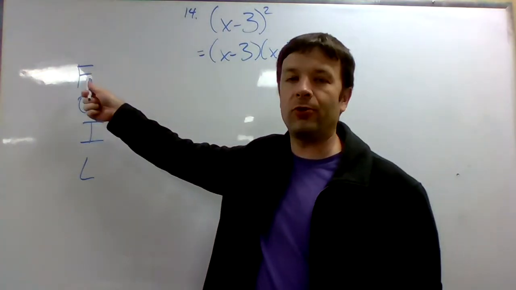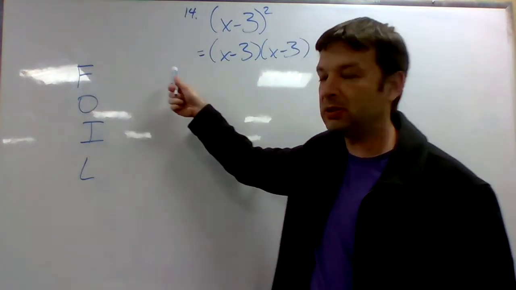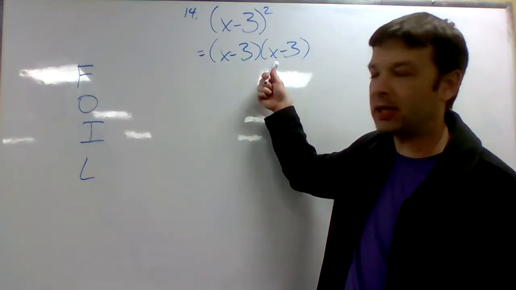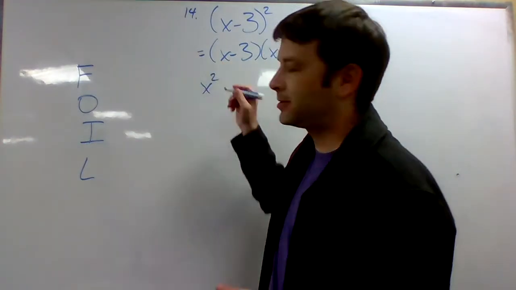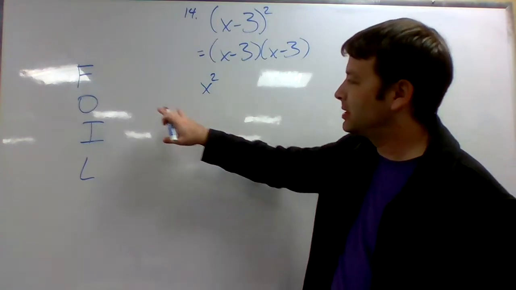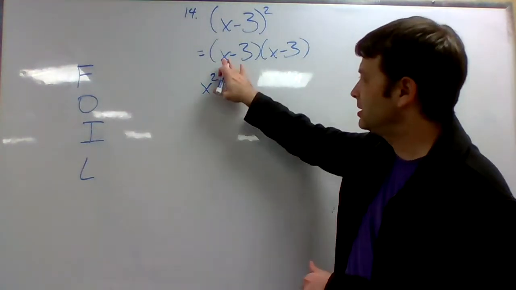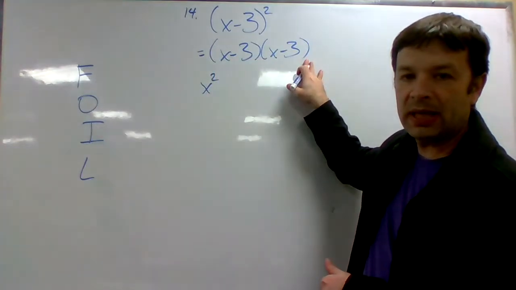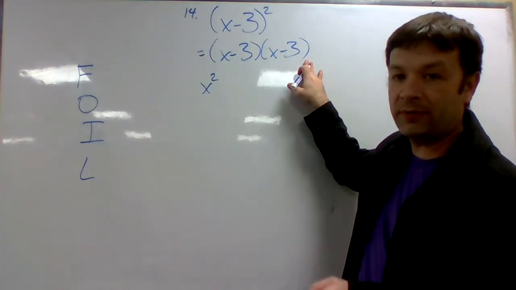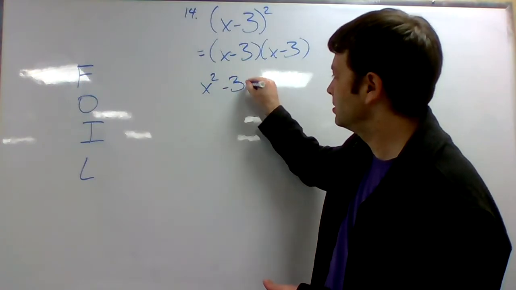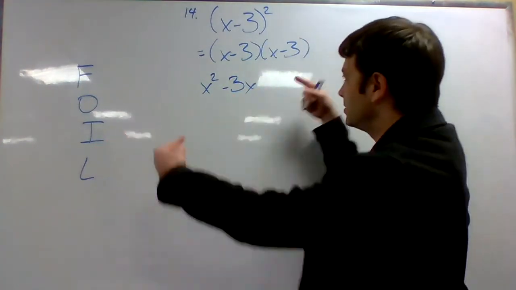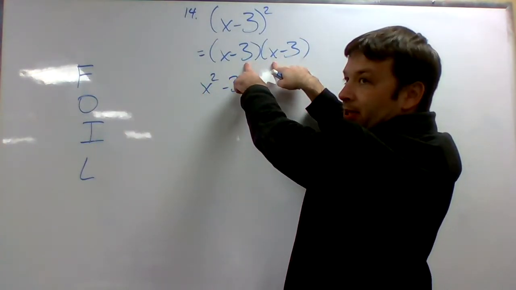So let's go again. FOIL, first, x and x again. Okay, that's pretty commonly what happens. O stands for outside, going out. That would be x and negative 3. That would be negative 3x. Okay, inside, going inside, that's negative 3 times x.